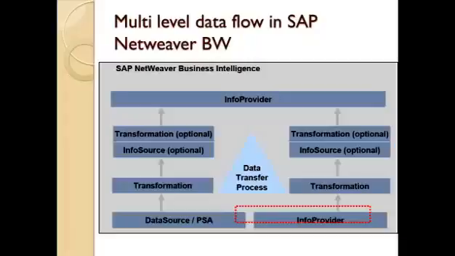And then it's multi-level, which means that another info provider can also provide data to the info provider that you see at the top. So you can have multiple levels. You can also have multiple flows going into the same info provider.